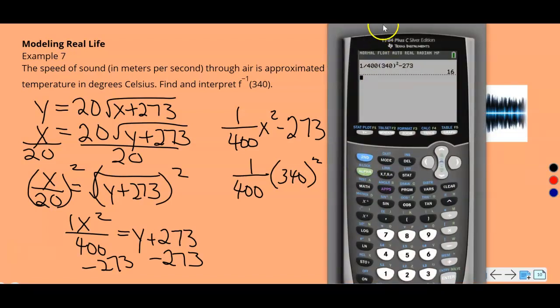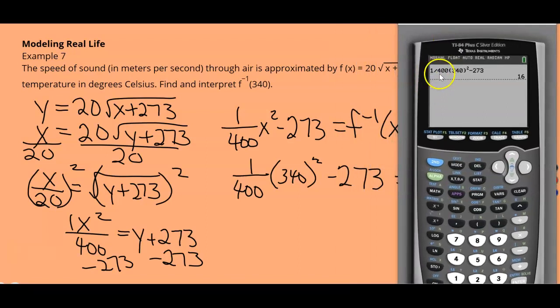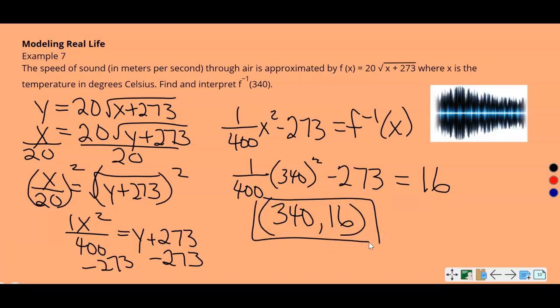To save a little time, I went ahead and typed this in. You can see I typed in 1 over 400 times 340 squared minus 273, and that gave me 16. So this is going to equal 16. So when x is 340, y is 16. That is an ordered pair that falls on that graph.